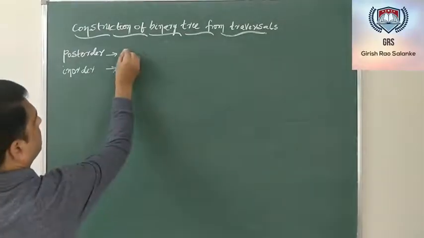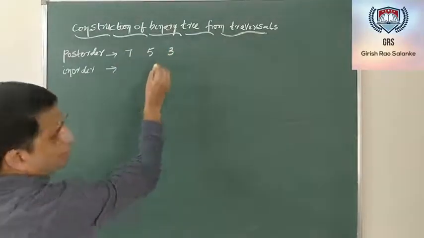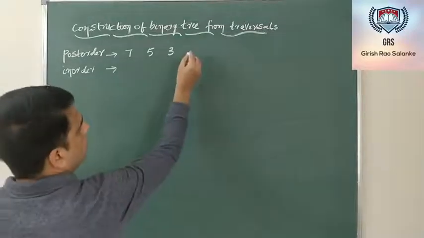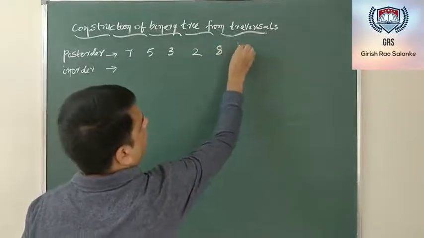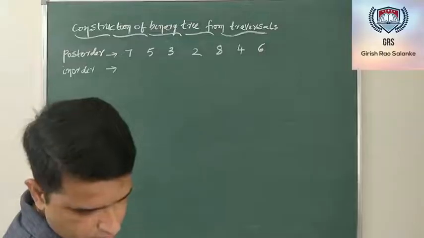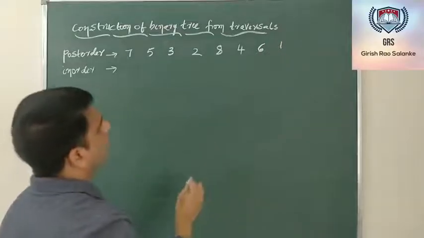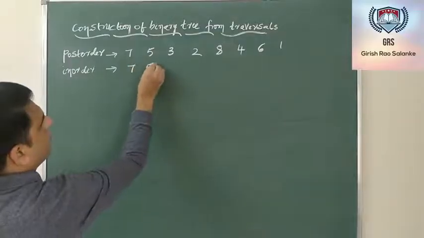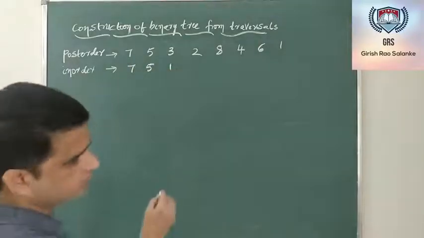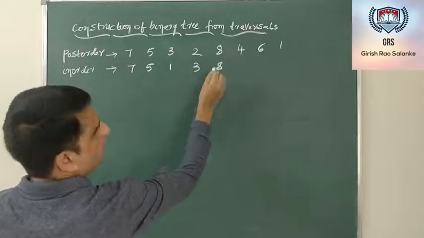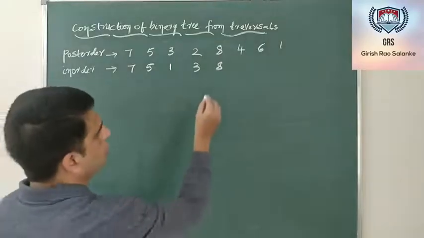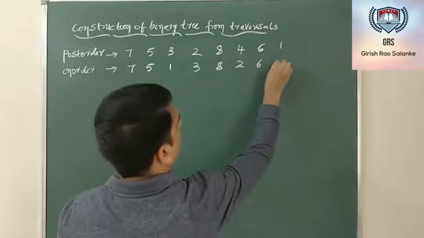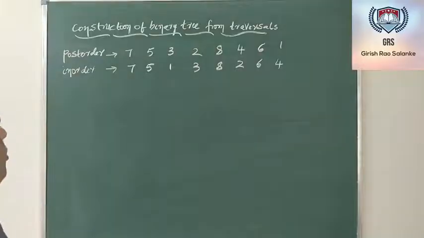Post-order is 7, 5, 3, 2, 8, 4, 6 and 1. In-order traversal is 7, 5, 1, 3, 8, 2, 6, 4.